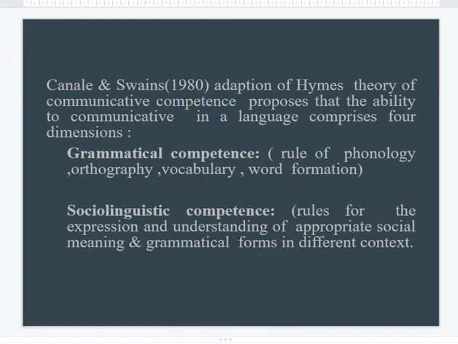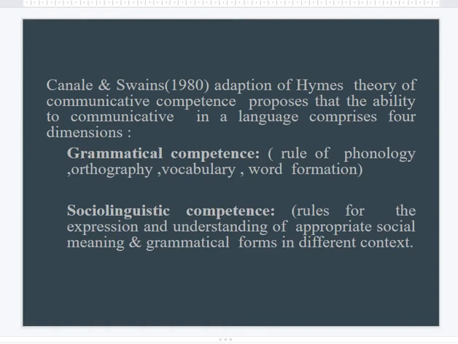Basically, they have stated that the first dimension is grammatical competence. It means one must gain competency in grammatical rules. It includes the rules of phonology, meaning the sound patterns. One must be familiar and competent at the sound level. At the same time, orthography also plays a very important role.